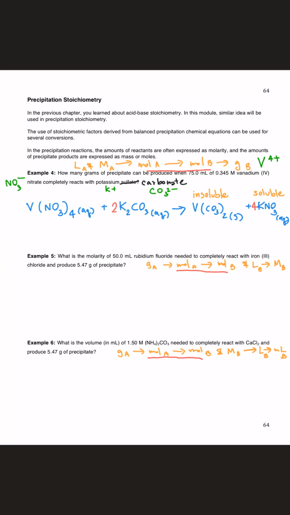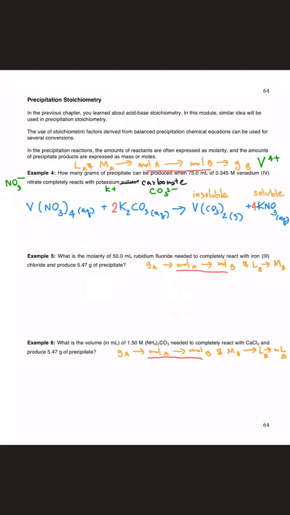Example 4, the problem asks for how much of the precipitate, in this case the vanadium carbonate, can be produced when 75 mL of 0.345 molar vanadium(IV) nitrate is completely reacted. If you look at these two, you see that the ratio between them is just a 1-to-1 mole ratio.